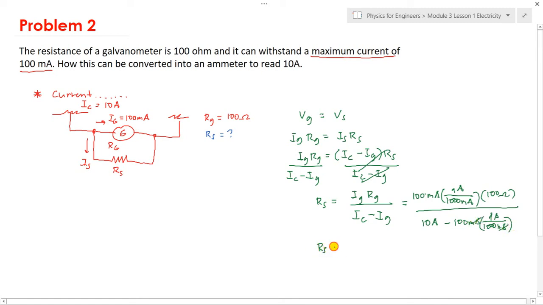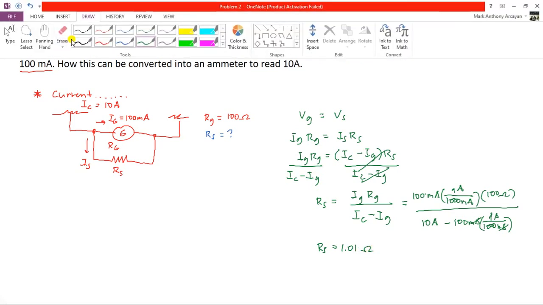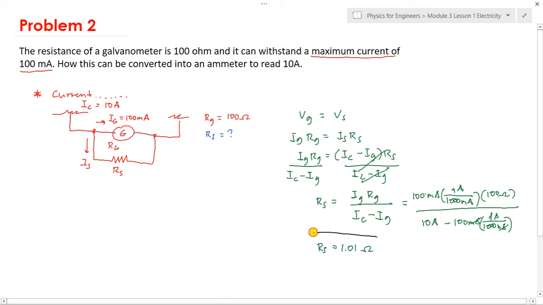Okay, so the resulting unit would be in ohms. Simplifying, we have 100 all over 1000 times 100 over 10 minus 100 over 1000. So the answer would be 1.01 ohms. So mao na iyang kailangan sa galvanometer in order to read 10 amps from the circuit.